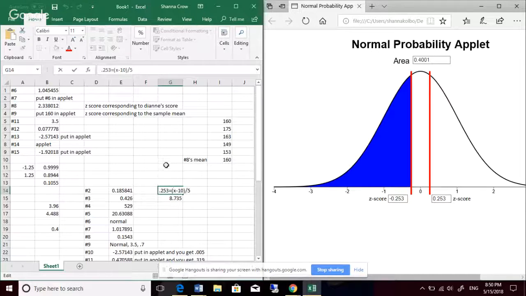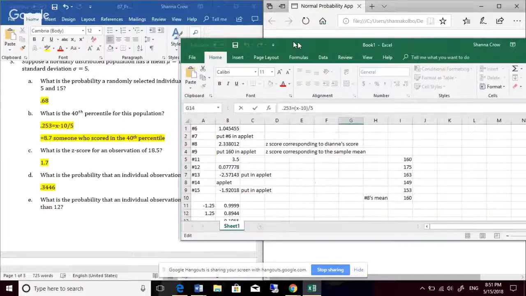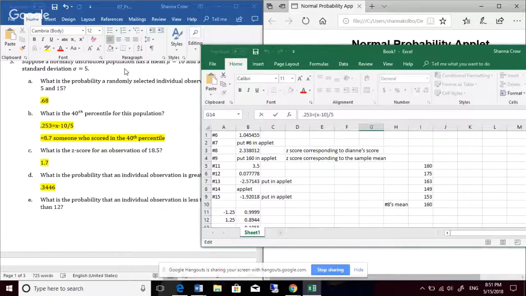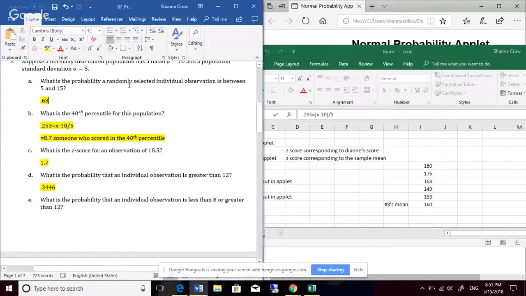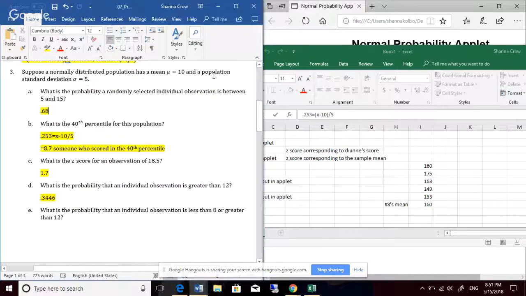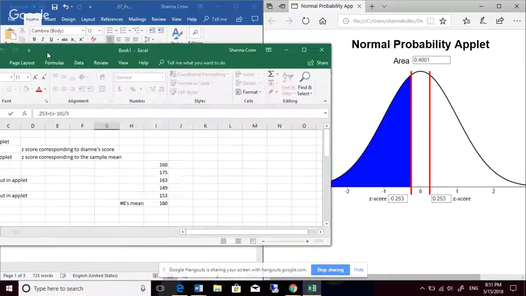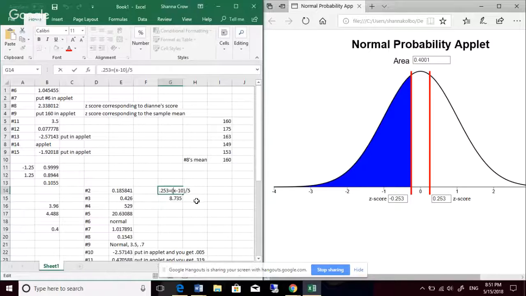I'm timesing 5. No, 0.5. It's just 5. The number 3 says the standard deviation is 5. That's no problem. I did the stupid dot for times and it messed me up.